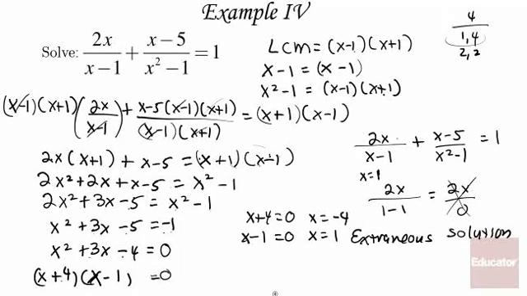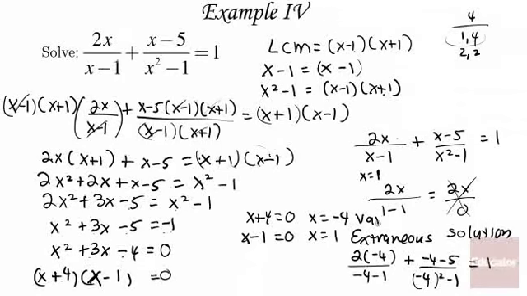In fact, we could substitute all of this back in, just to look, for negative 4, and see that it's 2 times negative 4 over negative 4 minus 1, plus negative 4 minus 5 over negative 4 squared minus 1 equals 1. Solving this out, you will find that this gives you 1 on the left equals 1. So this negative 4 is a valid solution. So my only solution here is x equals negative 4.